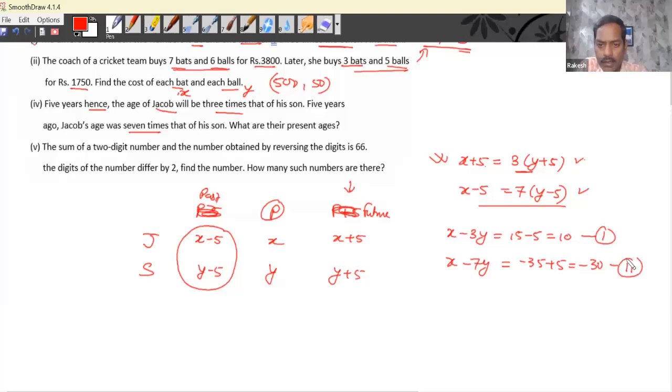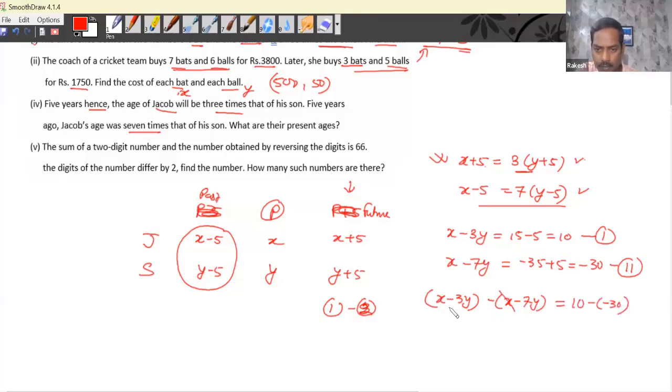Now, it's quite clear that the coefficient of x is the same. So we can clearly eliminate. What we can do is perform equation 1 minus equation 2. This is equation 1 and this is equation 2, guys, right? Minus 7y will be equal to what? 10 minus of minus 30.